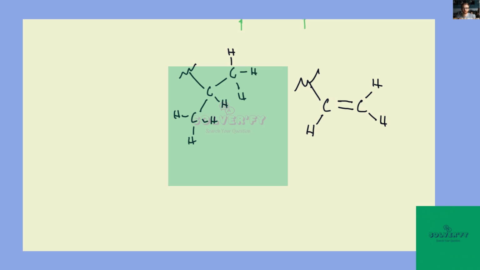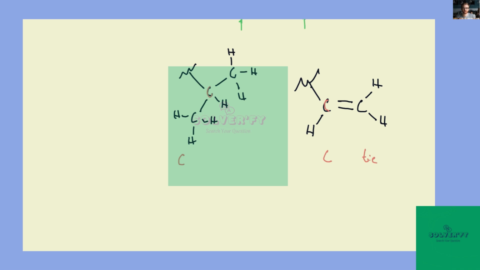Okay, so first of all, we look at what I'll call the red carbon, and those are tied. Yes, carbon, carbon, that's a tie. Okay, so now we look at what they are attached to.